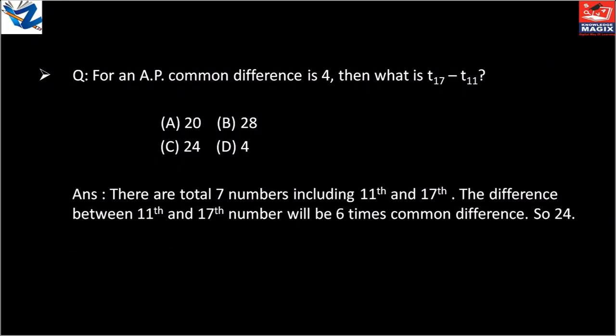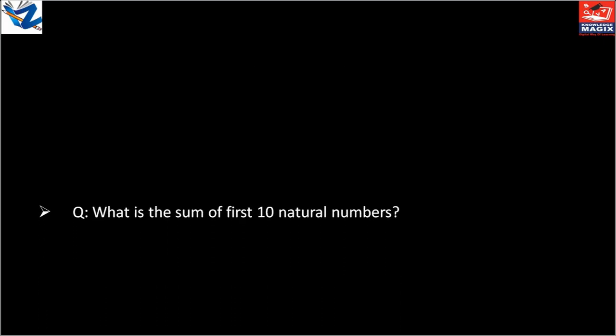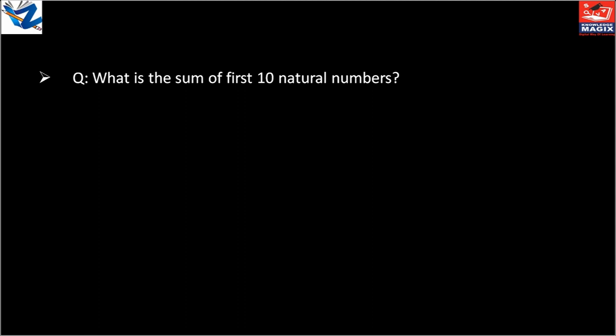Answer: there are total 7 numbers including 11th and 17th. The difference between 11th and 17th number will be 6 times common difference, so 24. So answer is option C. Question: what is the sum of first 10 natural numbers?